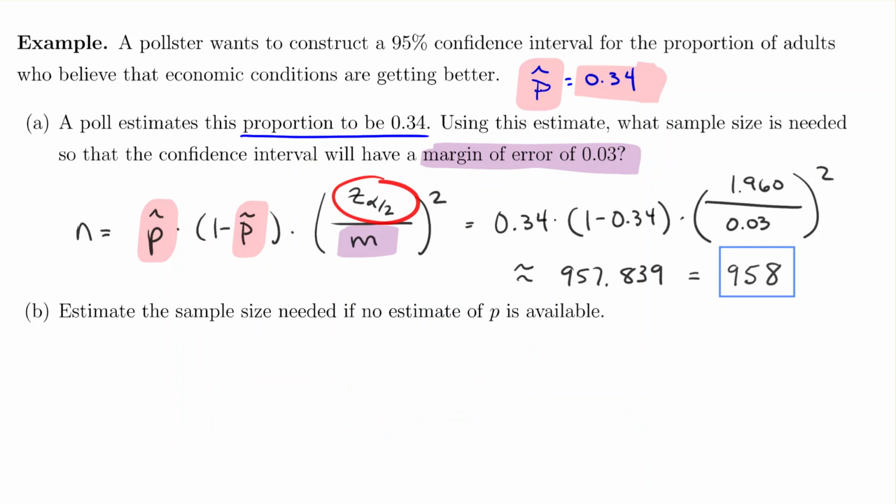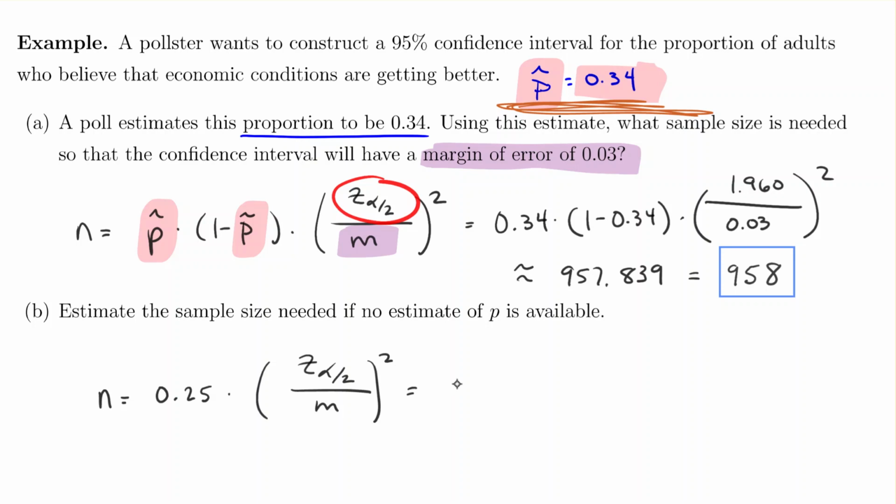Now part B says do the problem again, but assume no estimate of p is available. So our estimate of the population proportion was our p-hat, 0.34. However, if you look at your notes, you'll see if no estimate of p is available, we're given the formula n equals 0.25 times z alpha over 2 divided by margin of error, squared.